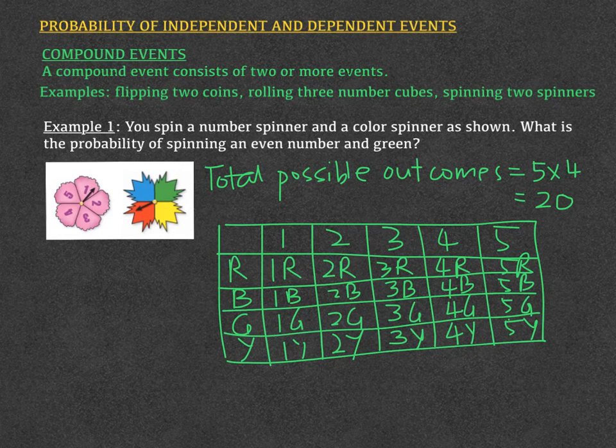You can see that all the 20 possible outcomes are listed very clearly in this table.